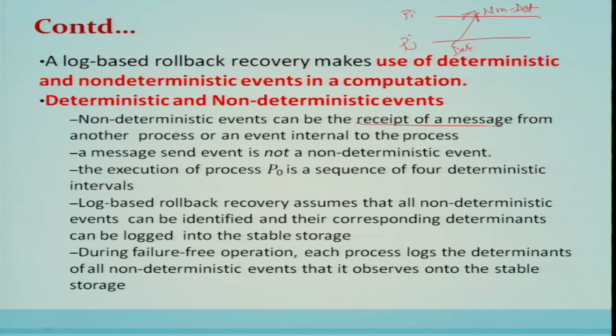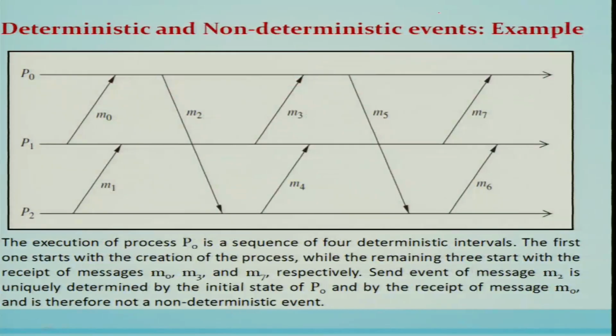The execution of a process P0, when it starts, is a sequence of 4 intervals. Here it is shown. So it is the start of an event, and then here the execution of P0 is a sequence of 4 deterministic events.